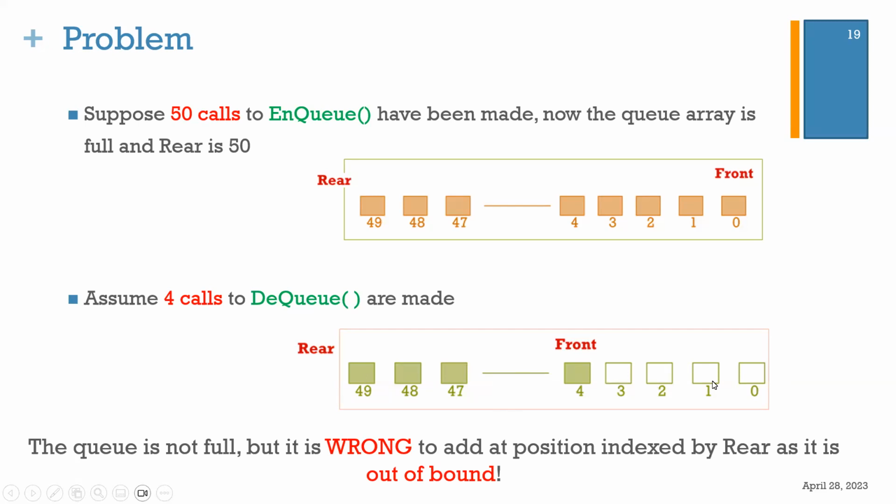How do we overcome this problem? There are two methods. The first one is very expensive. For each dequeue, we shift all elements toward index 0 and keep all the empty slots at the rear. That means for each dequeue we shift all elements, which is very expensive.